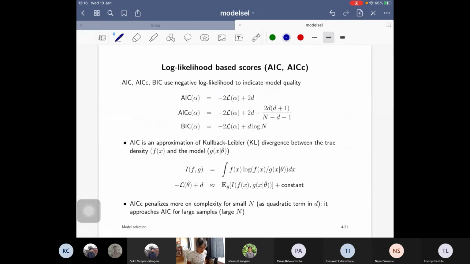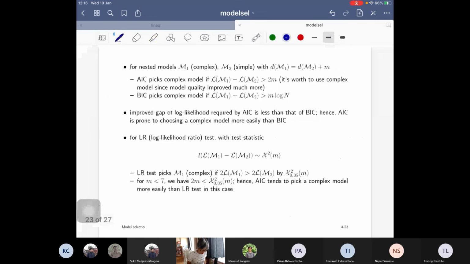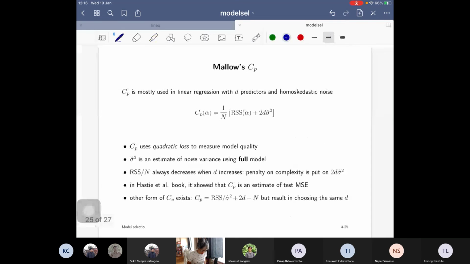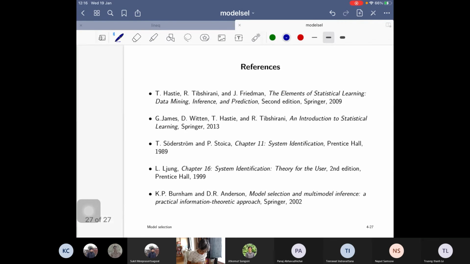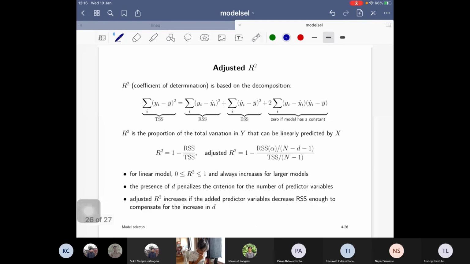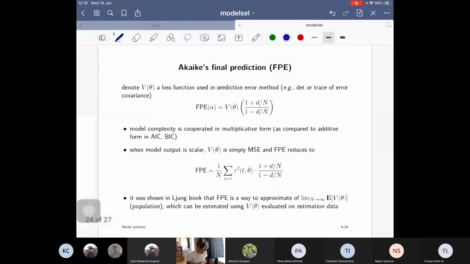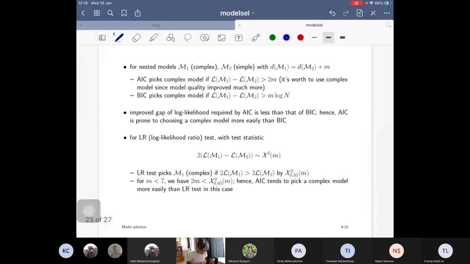There is some more detailed, mathematical interpretation of these scores. I am not going to go over that because of time limitations, but it is important from a theoretical point of view.